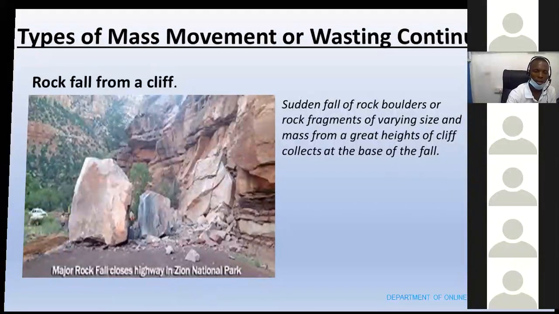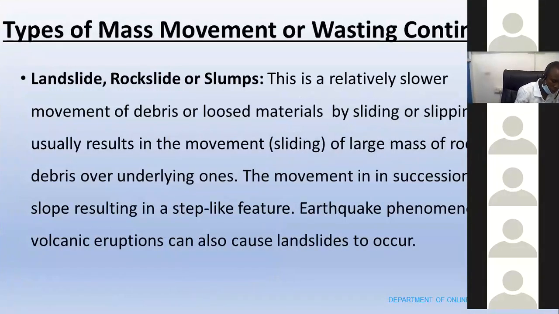All right. Let's look at the other type of mass movement or mass wasting. We are looking at the landslides, the rock slides, or the slumps. All these three terms are referring to the same concept. Now, this is a relatively slower movement of debris or loose materials by sliding or slipping.